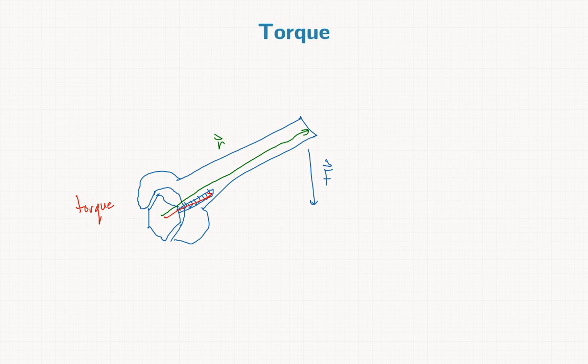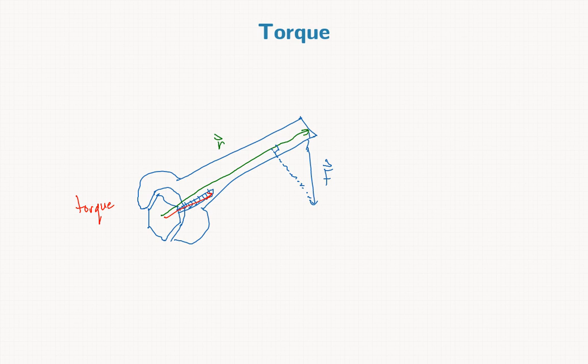Then we need to know the magnitude. Well, we want to find the component of the force that is orthogonal to the lever arm. Again, if you were applying your force parallel to the lever arm, that would mean you'd just be pulling in the direction of the wrench, which wouldn't be doing anything, or pushing in the direction of the wrench, which wouldn't be turning it forward at all.